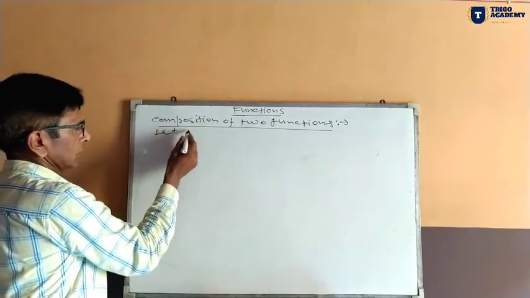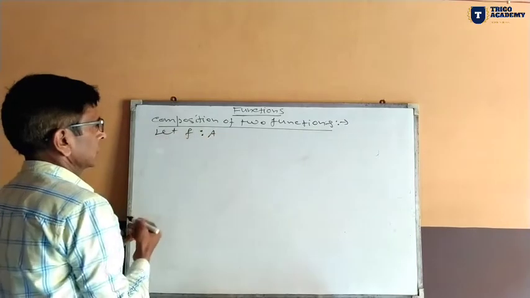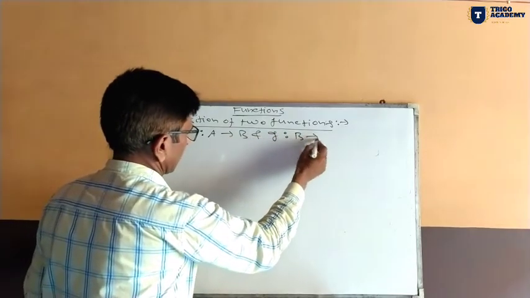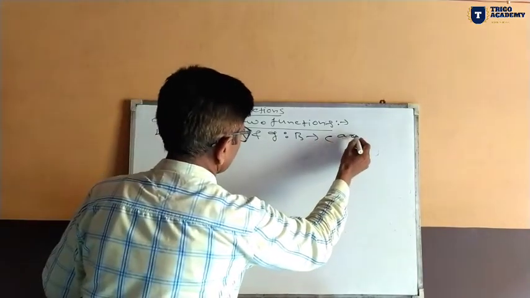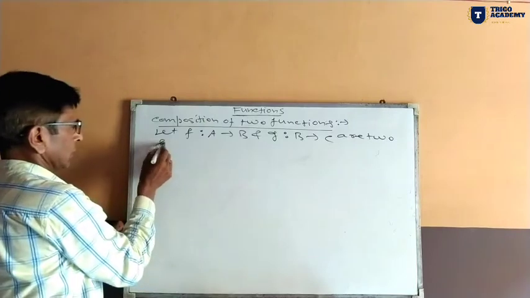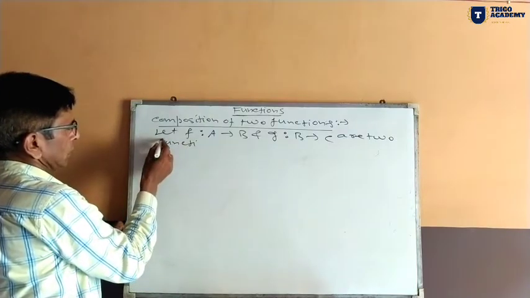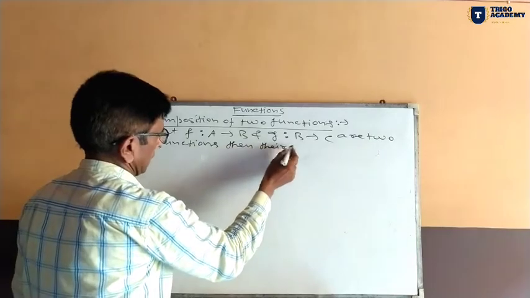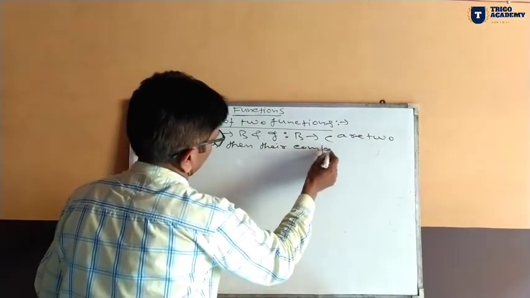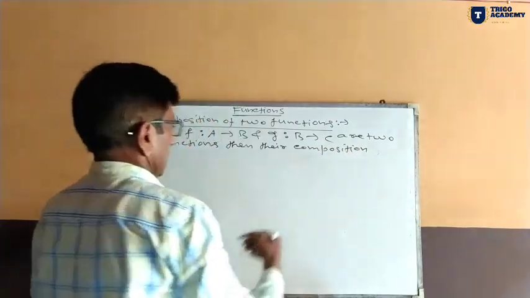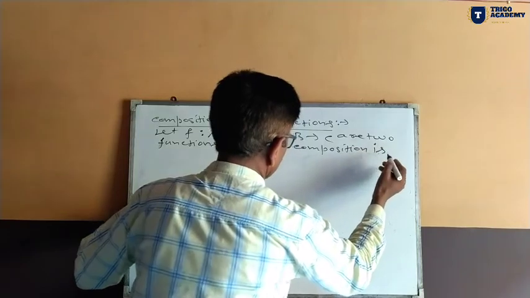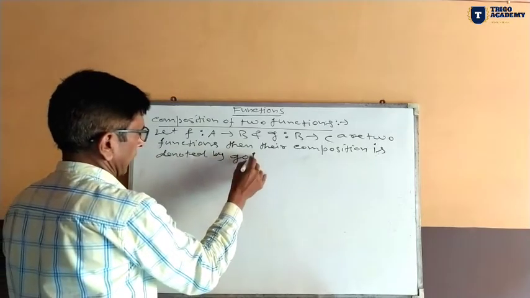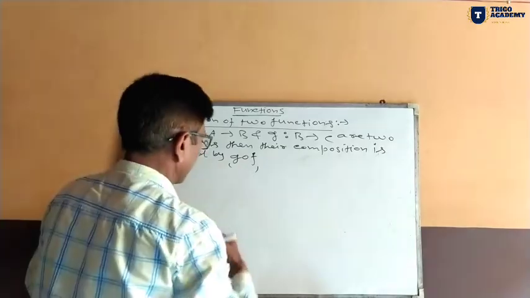Let f such that A tends to B and g such that B tends to C be two functions, so then their composition is denoted by gof, is denoted by gof.